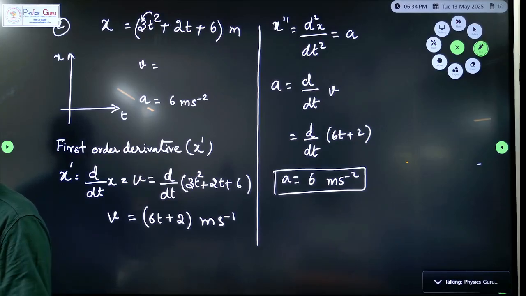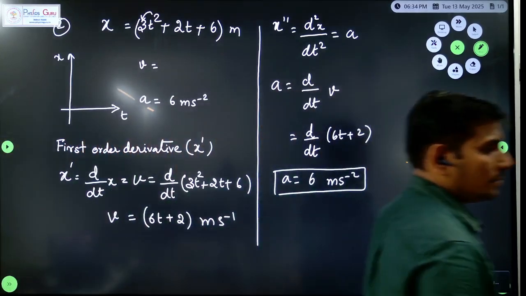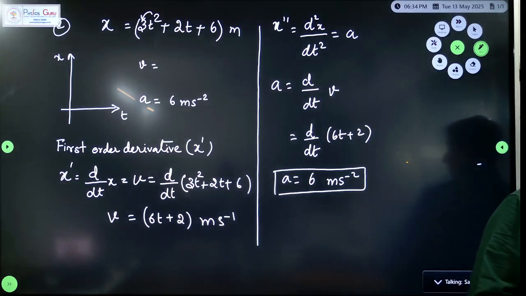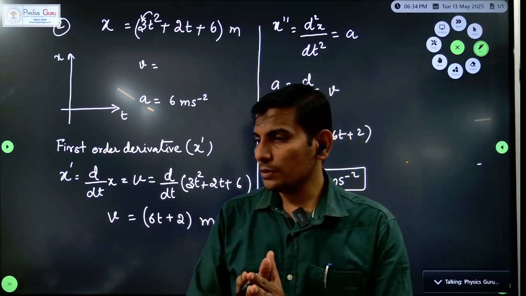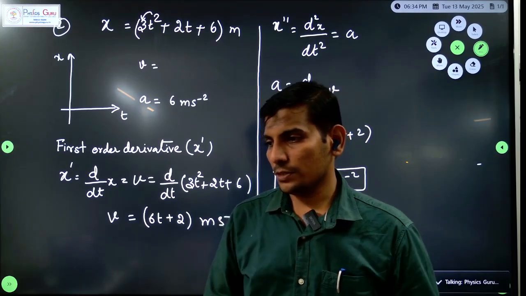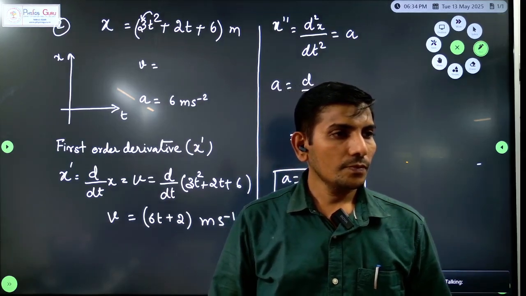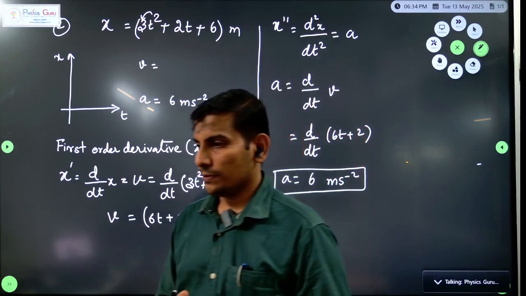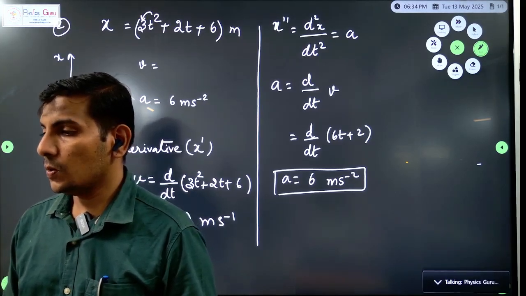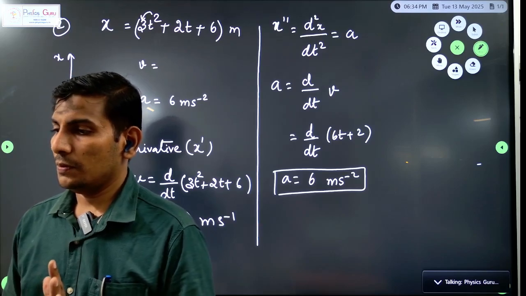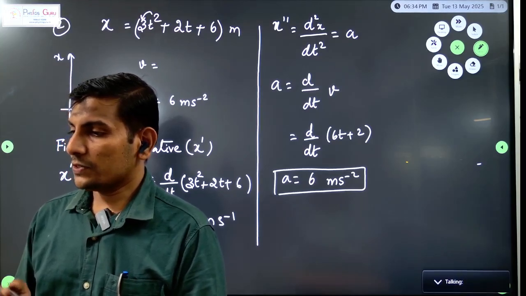And what about acceleration, sir? Every uniform motion has zero acceleration. Not constant, zero. Because in uniform motion the velocity is constant.